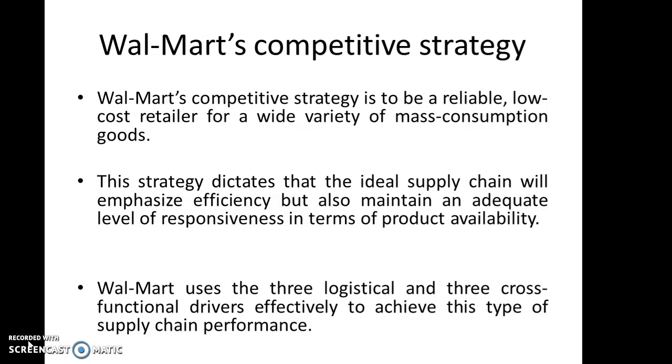Walmart uses the drivers we have discussed previously, that is three logistical drivers and three cross-functional drivers, effectively, so as to achieve an efficient and responsive supply chain system with better performance.